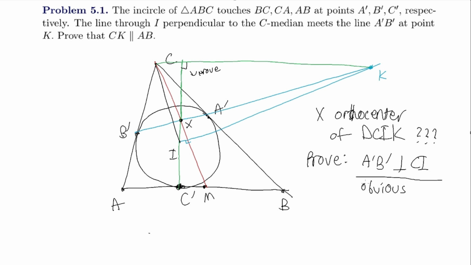And therefore, because we have these two lines perpendicular, we have that KX is perpendicular to CI, and also IK is perpendicular to CM. And this means that KC is perpendicular to IX. And this implies that AB is parallel to KC as we need.